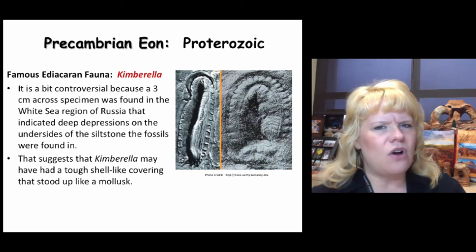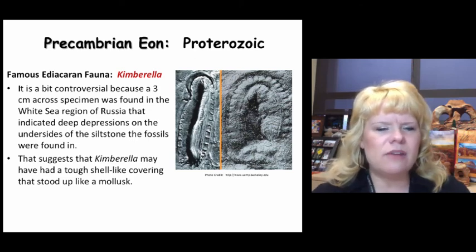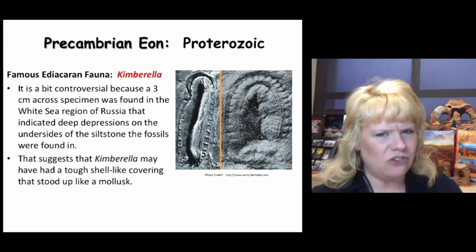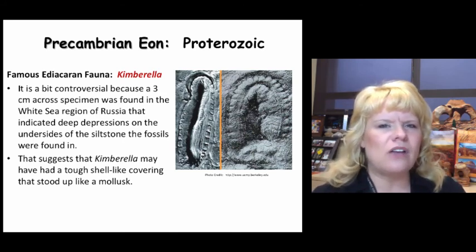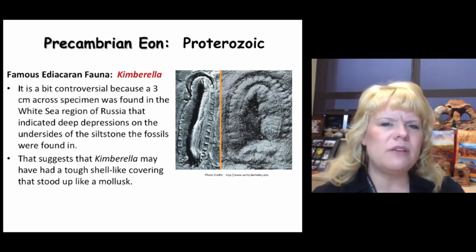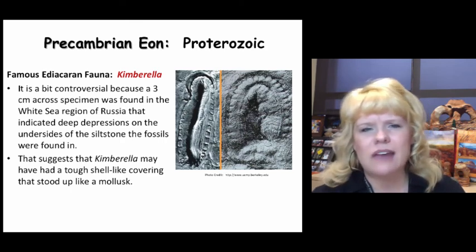So you're not finding the hard-bodied evidence of it, but what we do see is suggestions that it could have had some type of a tougher shell coating, not suggesting that it was a mollusk or a brachiopod, but something similar, maybe evolving towards that direction.